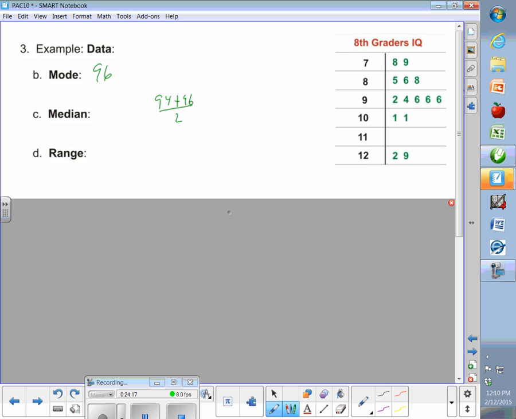Alexandra, what do you got for a median? How many agree with Alexandra? 93. Uh-oh, only a few. Although the majority's not always right. Ashton, what do you got for a median? How many agree with Ashton? 94. Oh, we're still slight there.